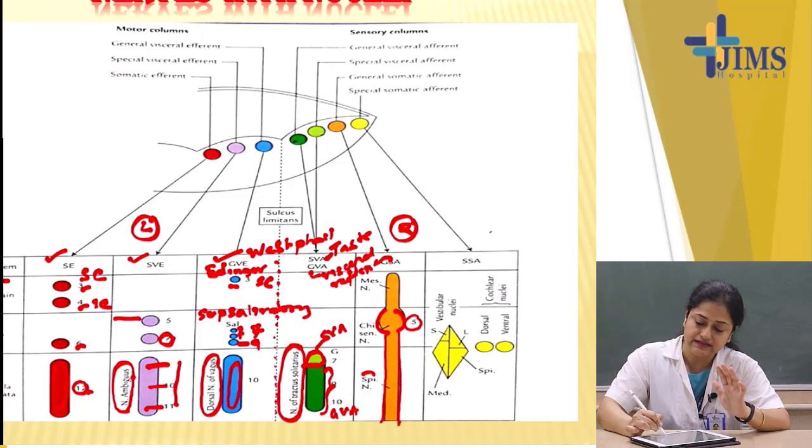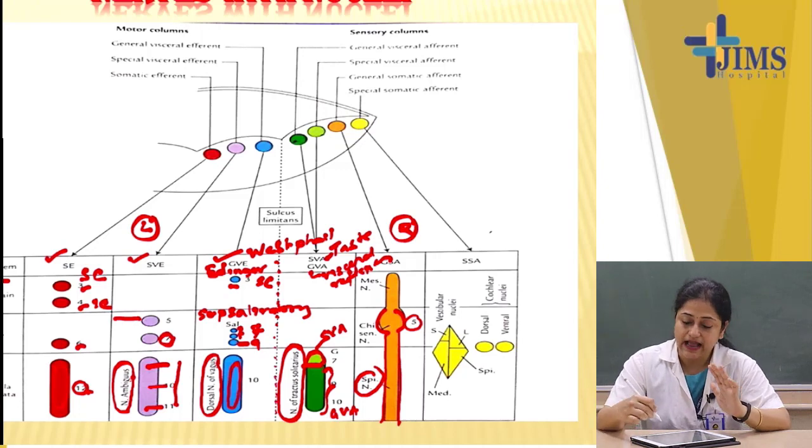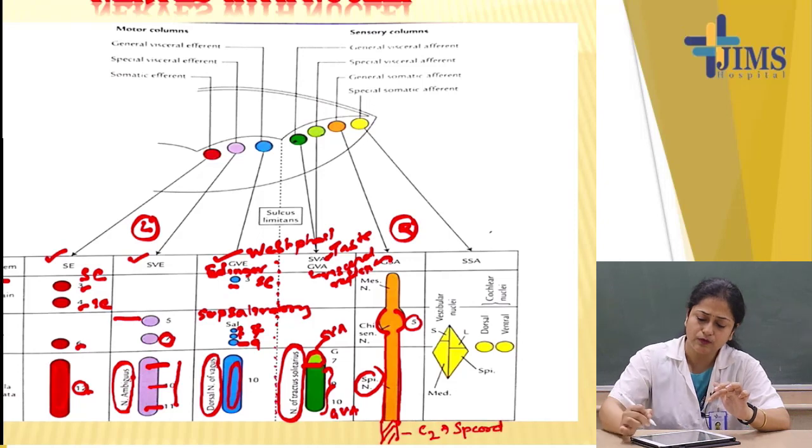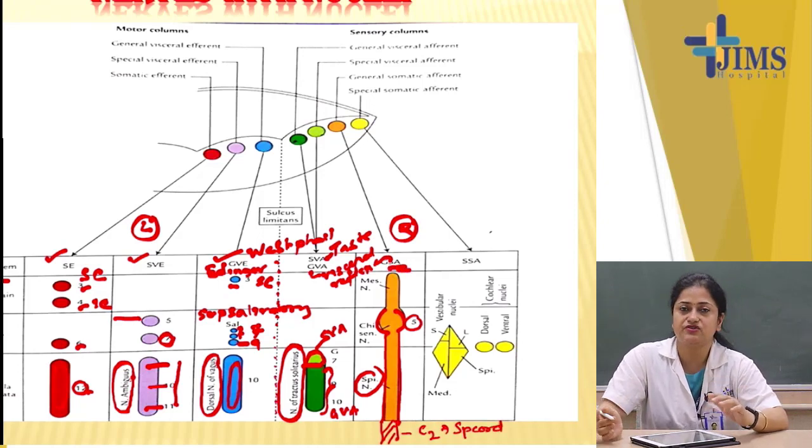This nucleus is known as the spinal nucleus. And this nucleus does not end in the medulla here. It will go further down up to the upper 2 parts of the spinal cord also. So, this entire nucleus is carrying fibers for GSA, which is carrying touch, pain, temperature sensation.